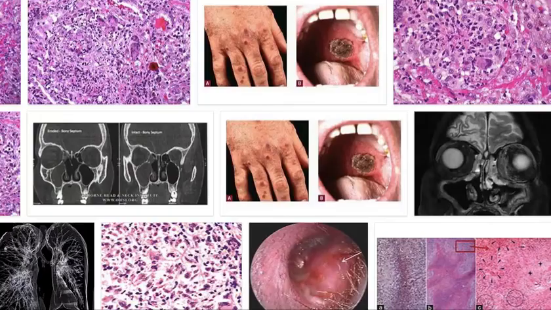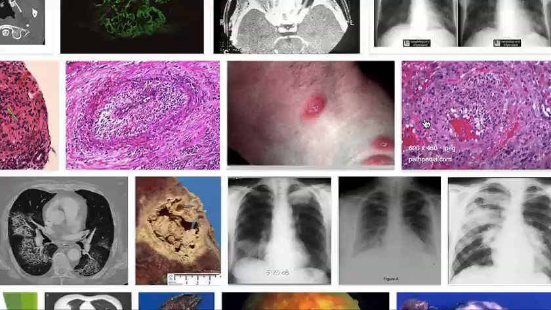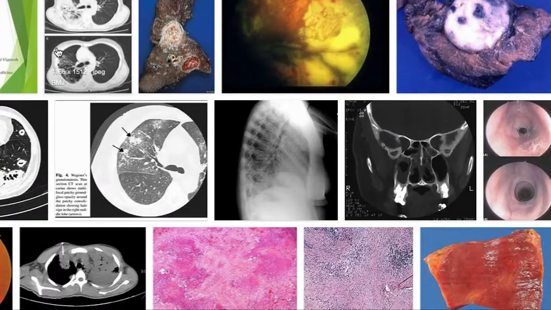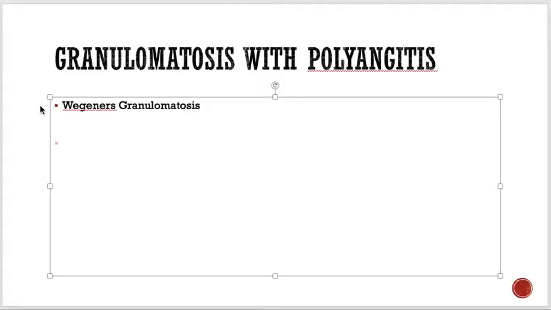Okay, so see, what you are getting is multiple types of involvement, right? And you will find a lot of pathologies with findings on the lungs, right? Now the thing is, granulomatosis with polyangiitis, or GPA, we also call it ANCA associated vasculitis.